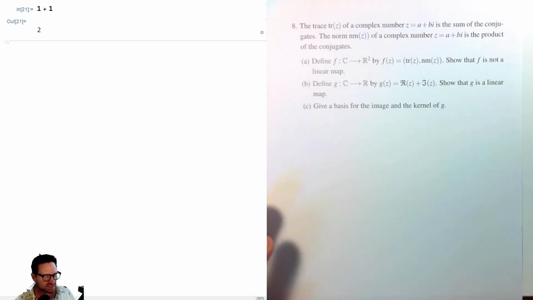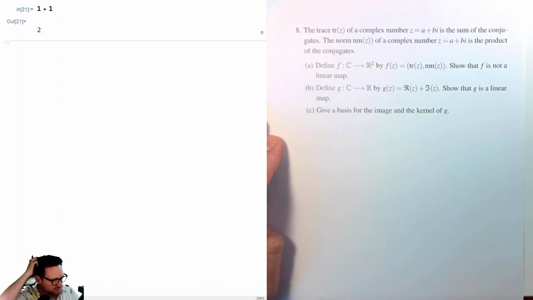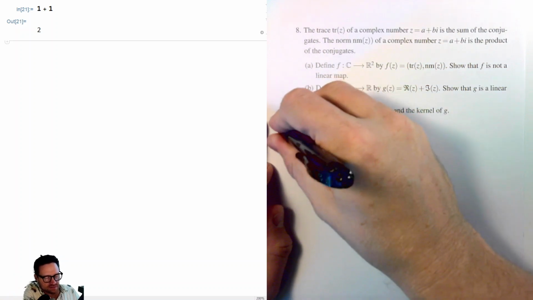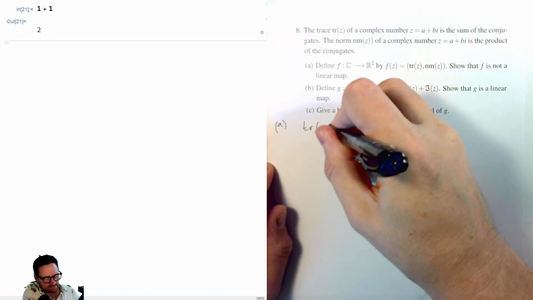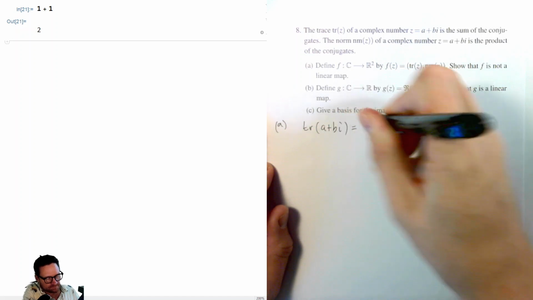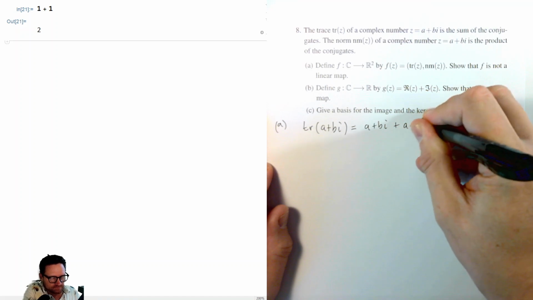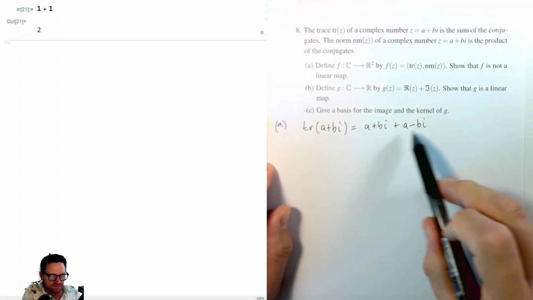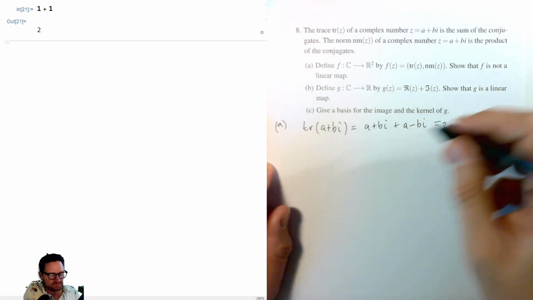The trace of a complex number is the sum of the conjugates. The norm of a complex number is the product of the conjugates. So let's have a look at this. So the imaginary parts vanish. We have 2a.